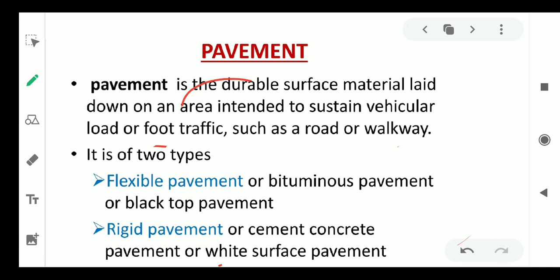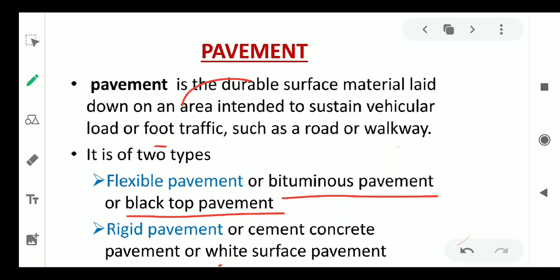Flexible pavement is also known as the bituminous pavement, since flexible pavement is made using bitumen as a binding material, or a black top pavement, because the bituminous material, bitumen, tar or coal is black in color. So this type of pavement is also known as the black top pavement due to the color.